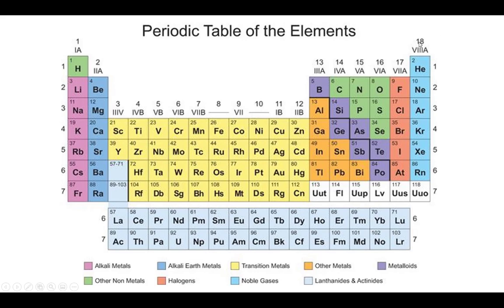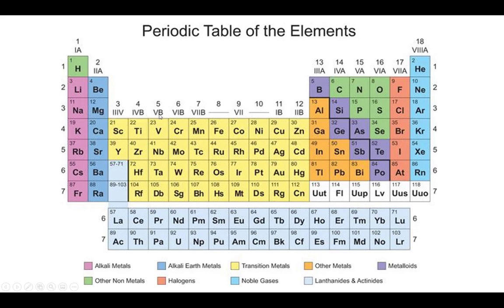And that method isn't generally very useful, so I'm not going to ever refer to group numbers using these numbers. Instead, I'm always going to use these numbers here that are headed with Roman numerals. So this is 1A, 2A. I'm going to skip these for a moment. 3A, 4A, 5A, all the way to 8A. Some people call this group 0, but I prefer 8A.